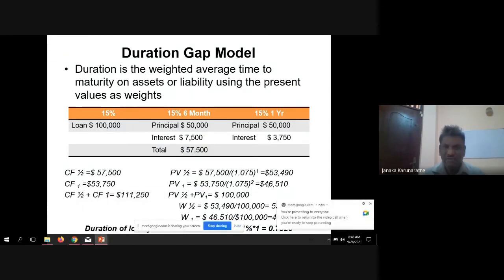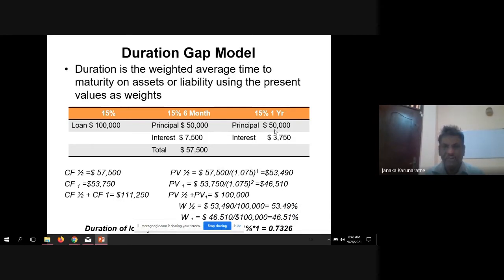So here, if you look at the present values, the present value of the first 6 months cash flow is, in simple terms, 57,500 divided by 1.075, since the half year interest rate of 15% would be 7.5%, to the power 1 period. So it is 53,490.